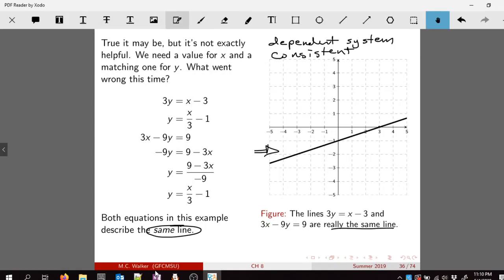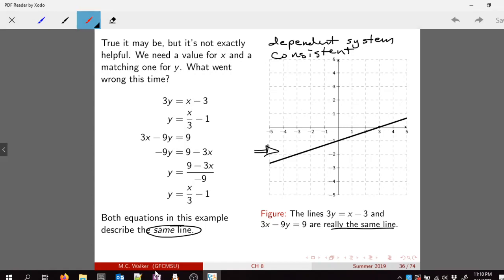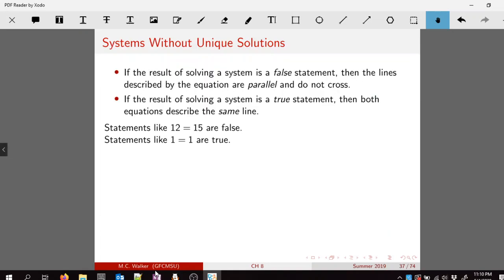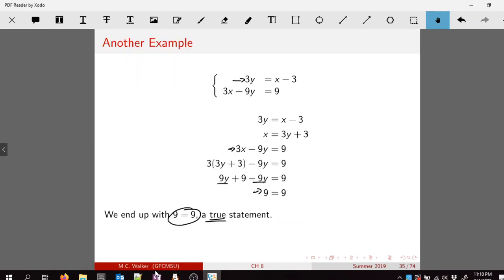For example, look over here. (3, 0) is a solution, and (0, negative 1) is a solution as well. If I go back to our system, we can check that.